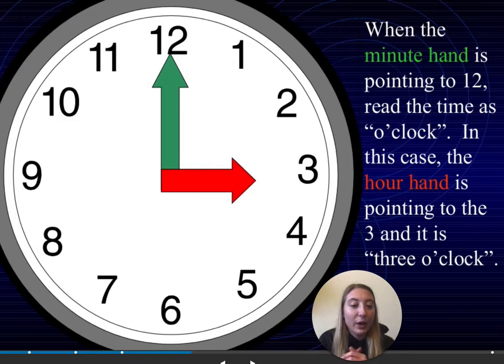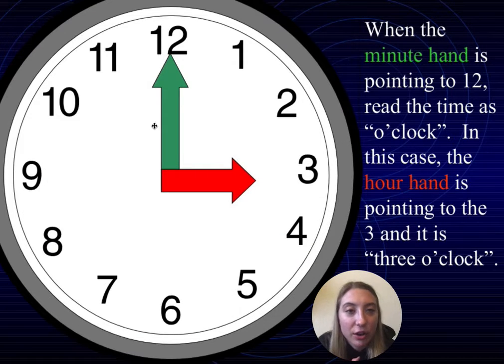And remember, when the minute hand, our longer one, is pointing to the 12, we read the time as o'clock. So in this case, we see our hour is right at the 3, so it would be 3 o'clock. And we'd write that as 3:00, 3 o'clock. O'clock equals 0 minutes. It's the brand new start of the hour, 0, 0.